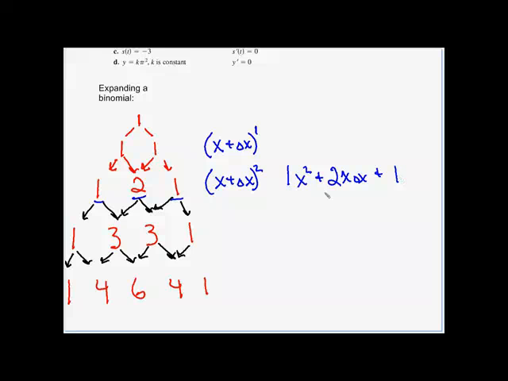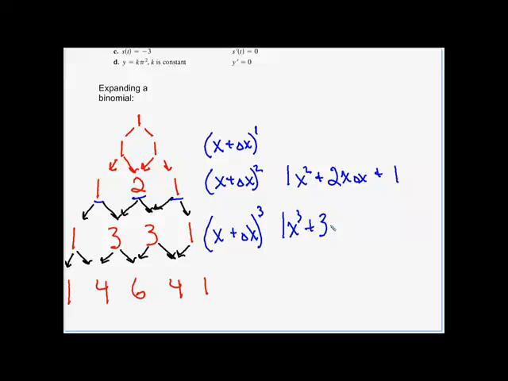1, 2, 1. And we could do it again for x plus delta x quantity to the third. Well, the first term is going to be cubed, so we're going to have our 1 x to the third, and then plus our coefficient from our little table here is 3. And then we'll take here it was x to the third delta x to the 0 power.